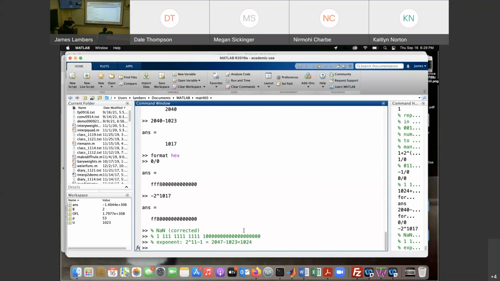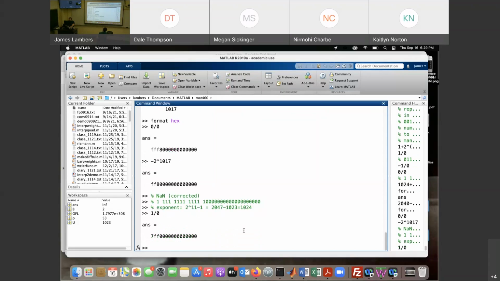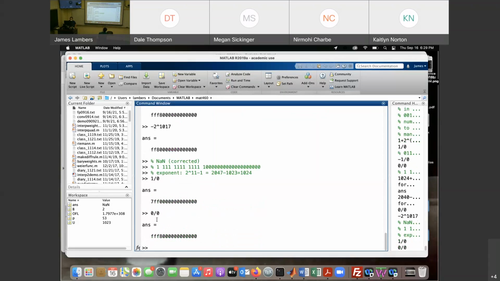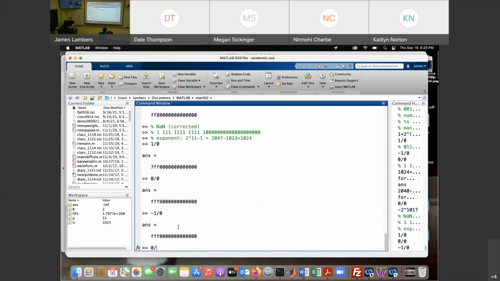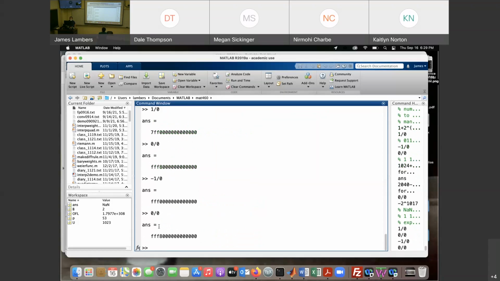So if I compare 1 over 0 versus 0 over 0, these two are almost exactly the same, except for a 1 as the leading stored digit in the mantissa. Both of these have an exponent of 1024, which is not allowed.